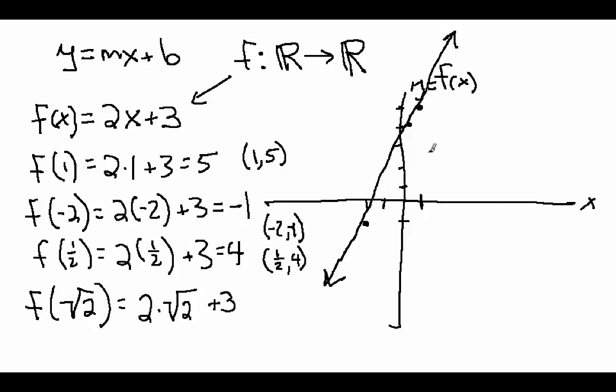Now there's something interesting to note here, and this is a good test for telling if something is a function or not when we're talking about functions that are mapping real numbers to real numbers. I'm going to say here functions pass the vertical line test.